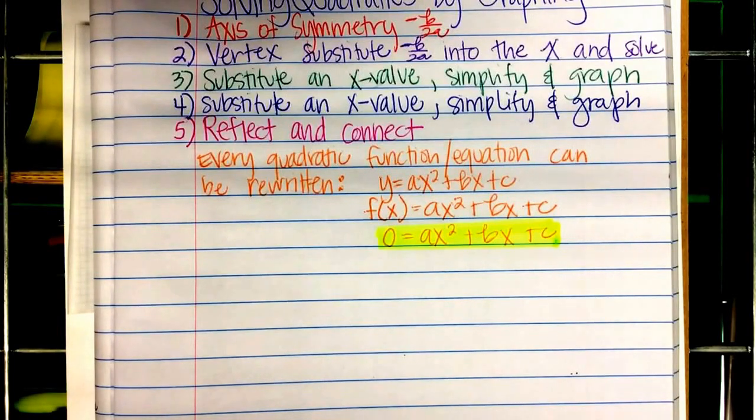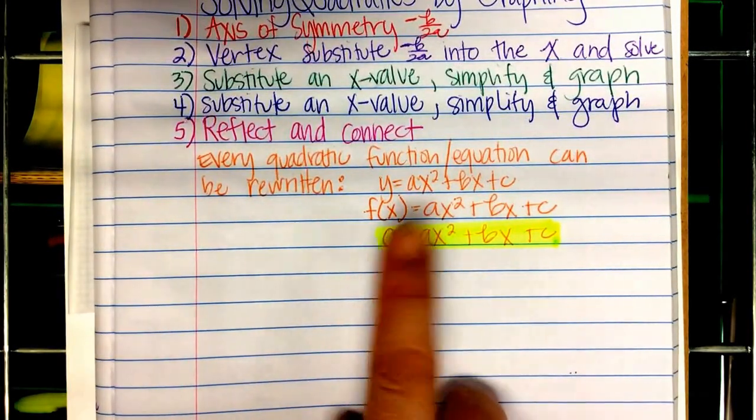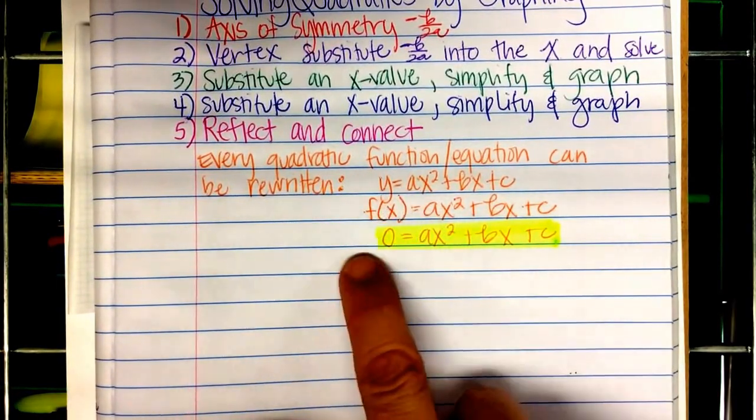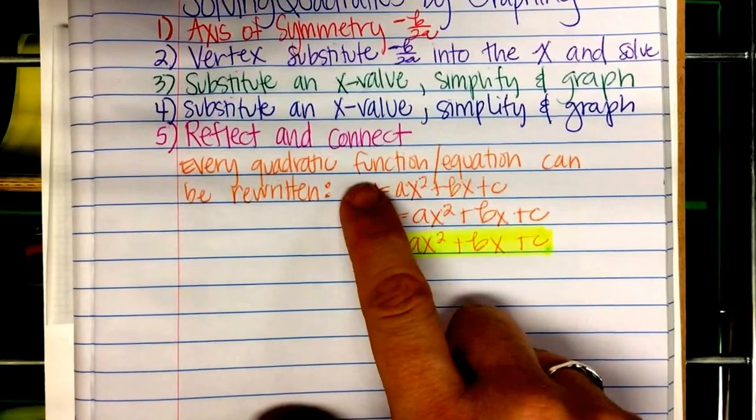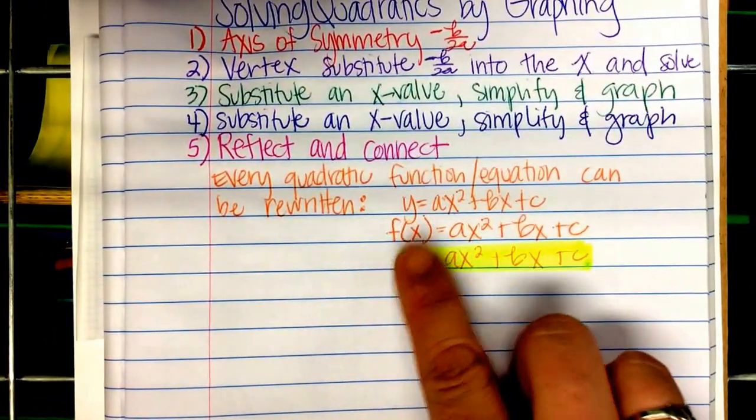I highlighted it. What else is different? What's different about this? Katie? Yeah. Instead of f of x, it's 0. Or instead of y, it's 0. That's what our problems need to look like today. They must be 0 equals. If it says y equals, we just take out the y and put a 0.